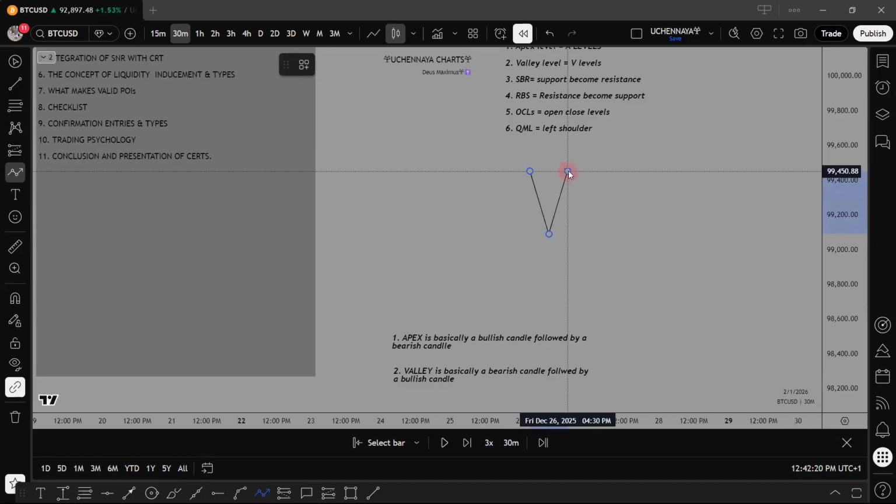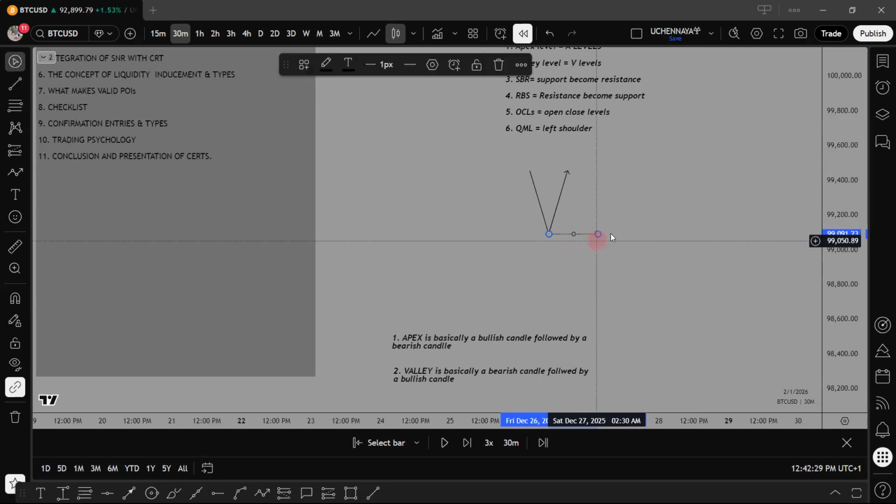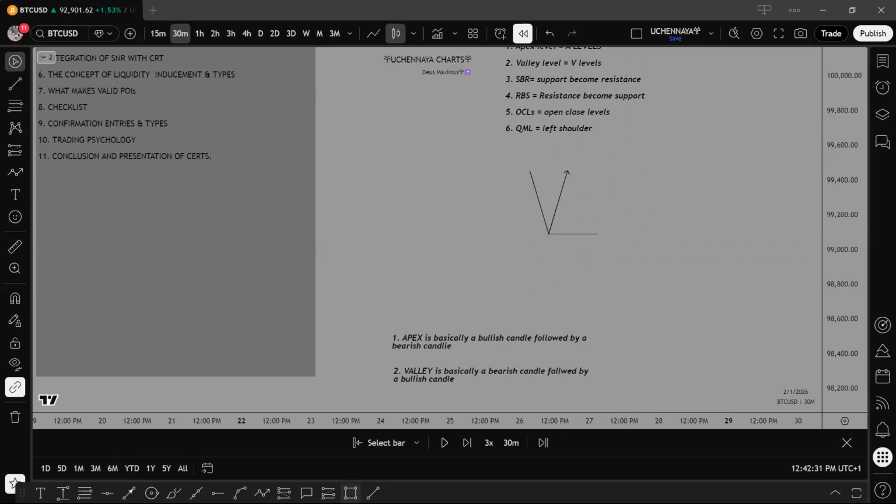Now this is a V level, right? This is a V level, and it failed to hold price. Price is supposed to come, tap into this V level, and then keep going up. But instead, price came and broke it, right?